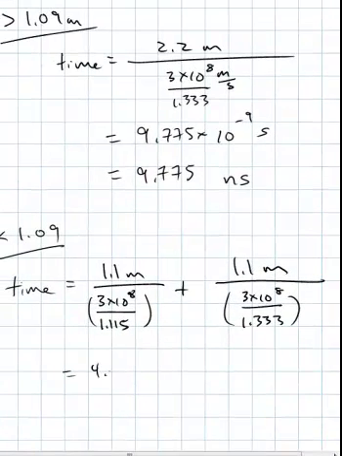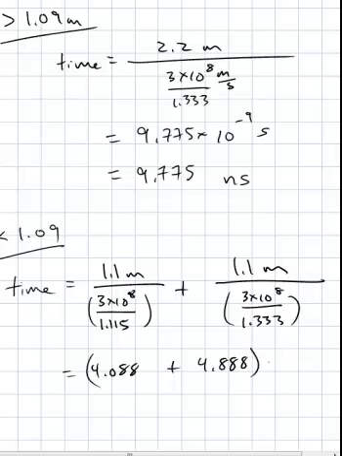And what do I get? I get 4.088 plus 4.888 times 10 to the minus 9 seconds, which is 8.976 nanoseconds.